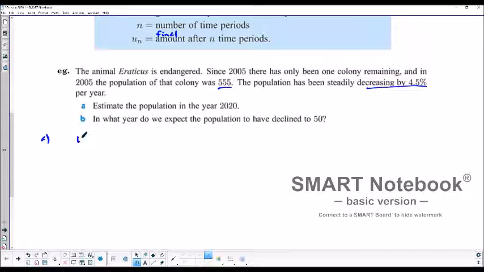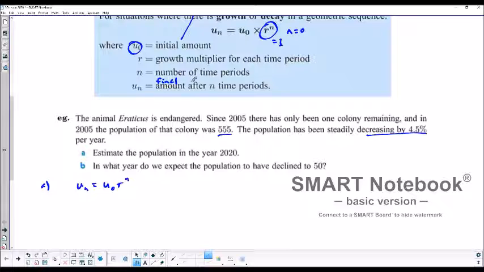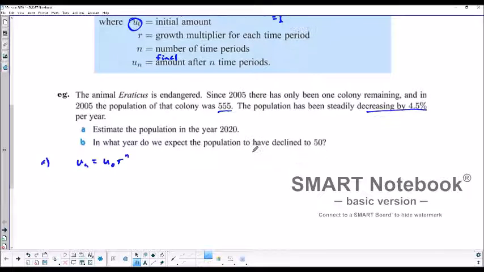If we start off with the formula u sub n equals u sub 0 times r to the power n, we need to know what the ratio, the growth multiplier, is. Because it's decreasing, it's not a growth but a decay. Usually r equals 1 plus i, in terms of interest, that's the increase or decrease. Because we're decreasing in this case, it's 1 plus negative 4.5%.